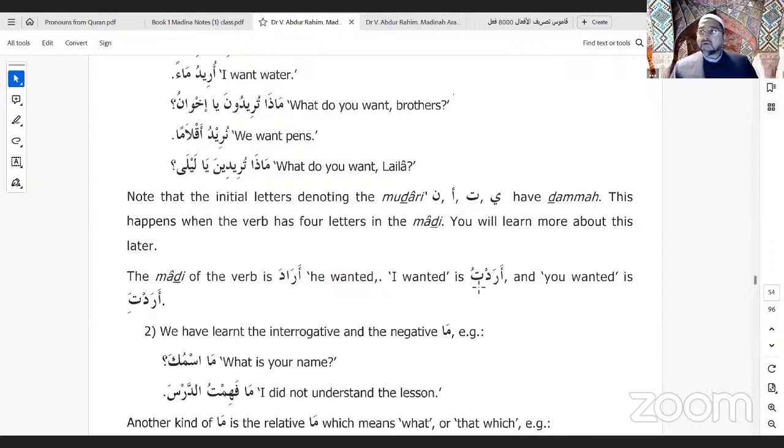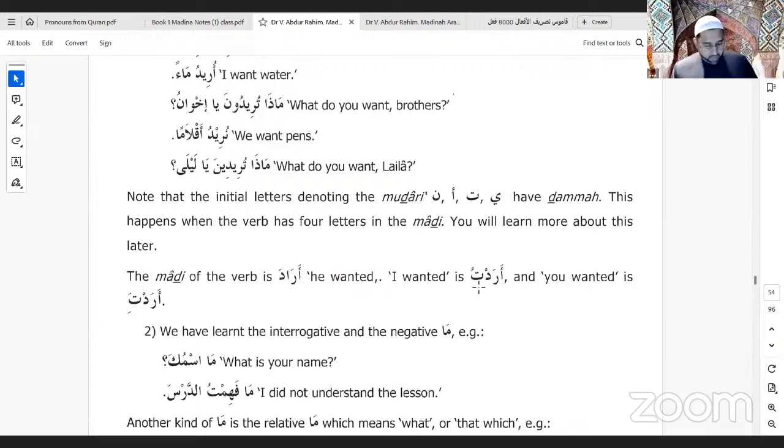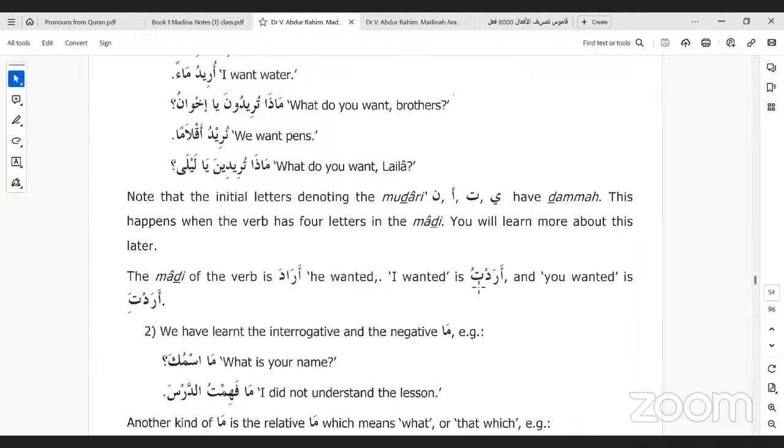Then anta aratta. Antuma arattuma. Correct. Antum arattum. Anti aratti. Antuma arattuma. Antunna arattunna. And ana arattu. And nahnu aradna.